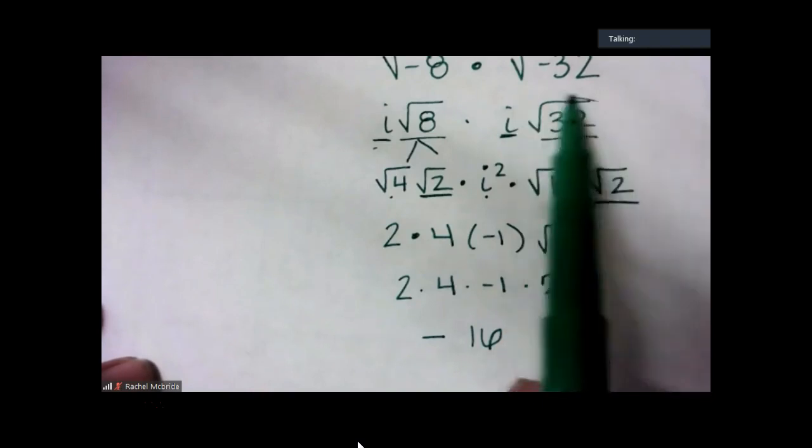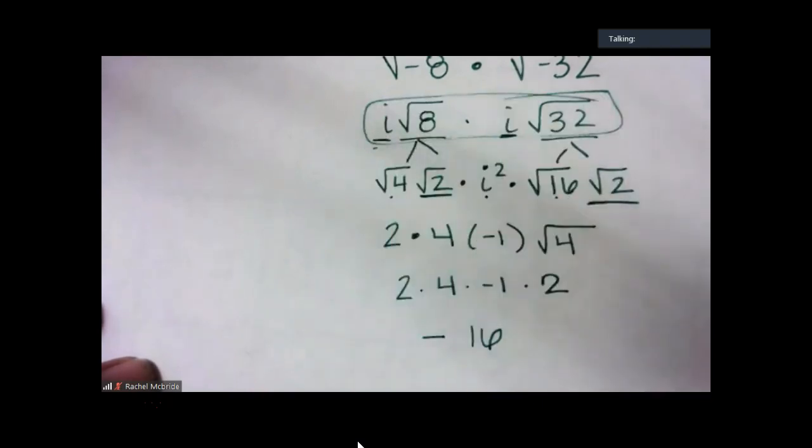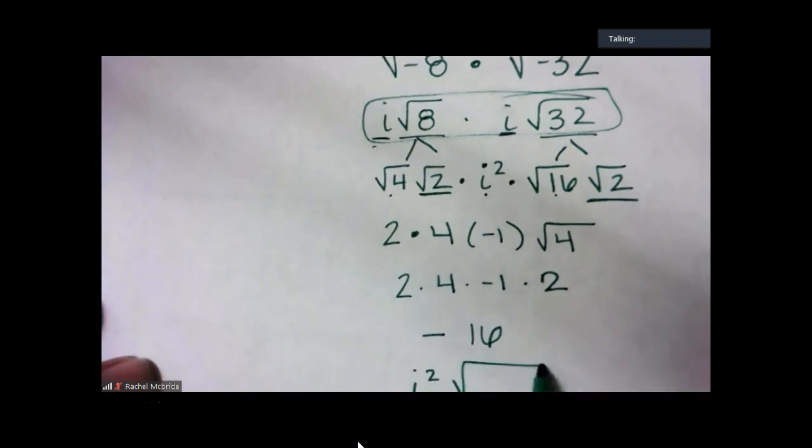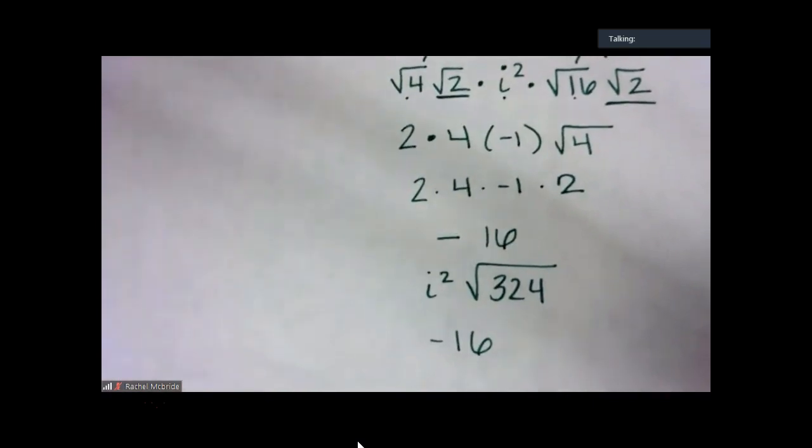And again, if way up here you had multiplied those together, you would have had i squared times the square root of 256, and if you did that on your calculator, it would have given you 16, and then the i squared became negative 1.